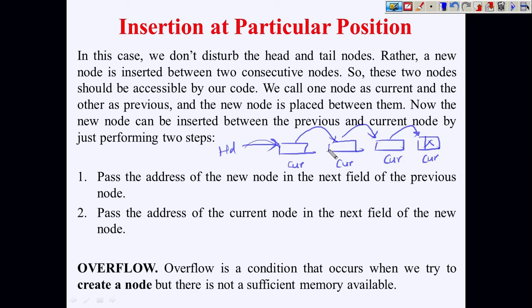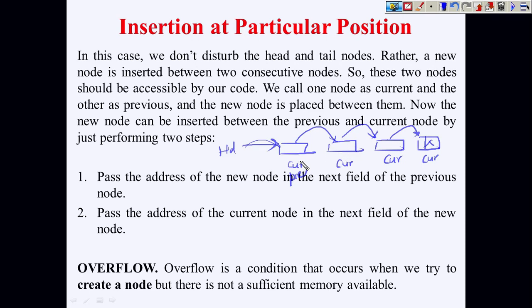Now here we need to track two nodes at a time. We will be keeping two variables, one is current and the other is previous. Initially the current and previous are the same thing, but as we move forward, the current will represent the node on which we are, and previous refers to the node that is the predecessor of that node.